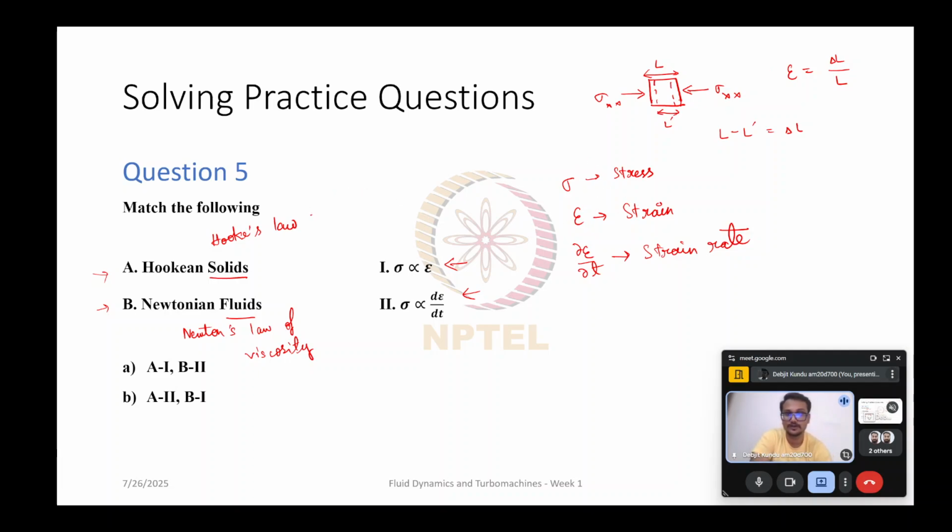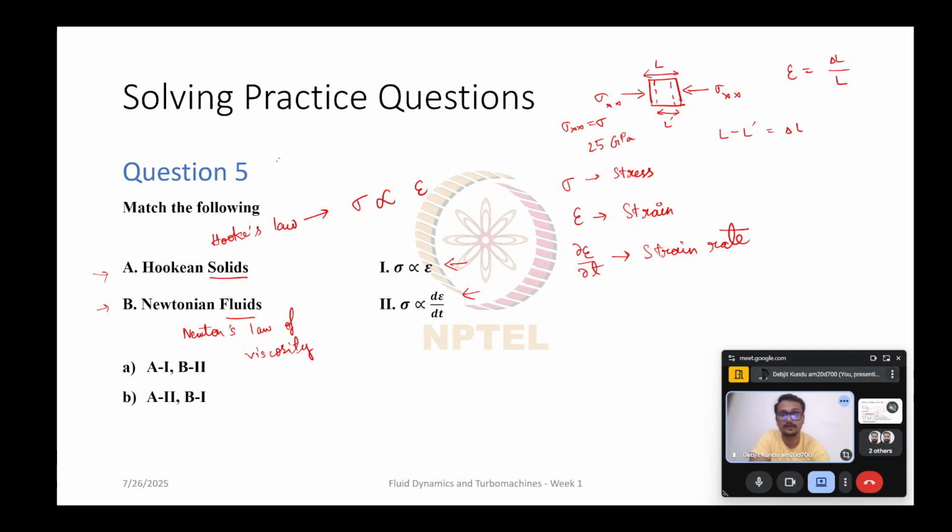Now what Hooke's law of solids tells us is that this stress that I applied, sigma xx, let's call it just sigma. It's some number, let's say 25 gigapascal or something. What Hooke's law tells us is that the strain I get is exactly proportional to the stress.